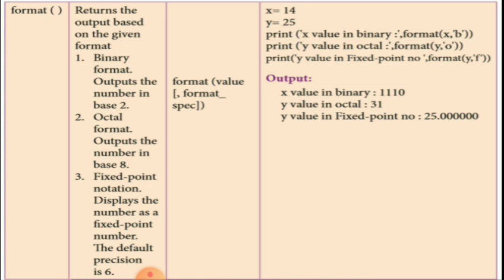In the output you can see that x is equal to 14, y is equal to 25, then x value in binary 1110, y value in octal 31, y value in fixed point number 25.000000, that means 6 precision. For fixed point you can notice that precision 6 is the default value.